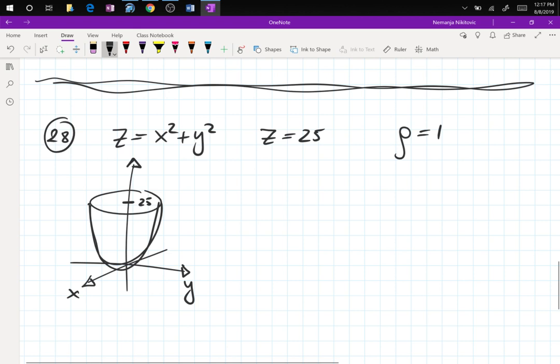So now we would like to find the center of mass. Well, if we use symmetry here, being that it's uniform density, I hope you immediately see that the center of mass must be on the z-axis, right? Do we agree? Because it's radially symmetric. So it must be on the z-axis somewhere.